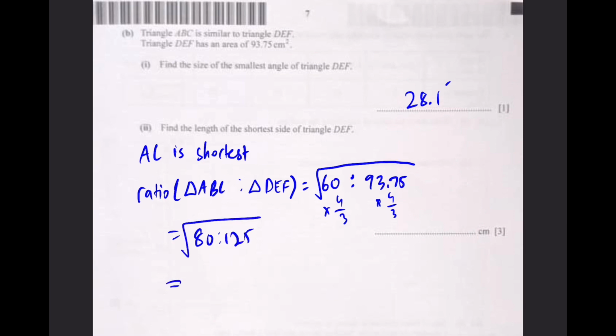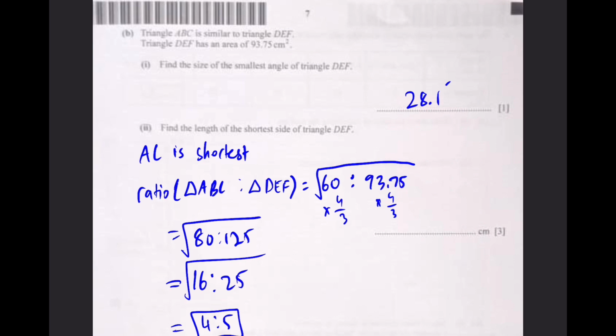We can simplify this to get 16 is to 25, and square root, we get 4 is to 5. Why are we square rooting? Because this is the ratio of the areas. So to find the ratio of the sides, we'll have to square root it, right?